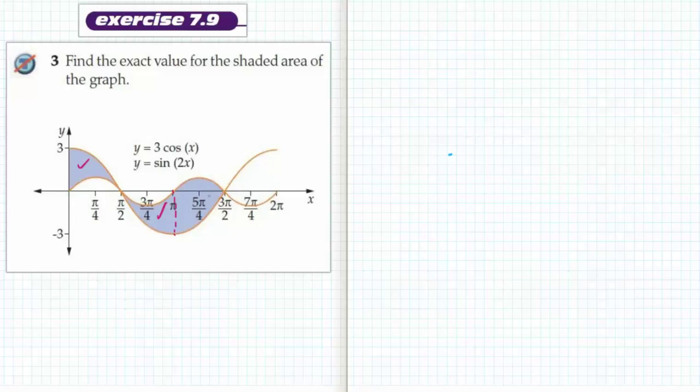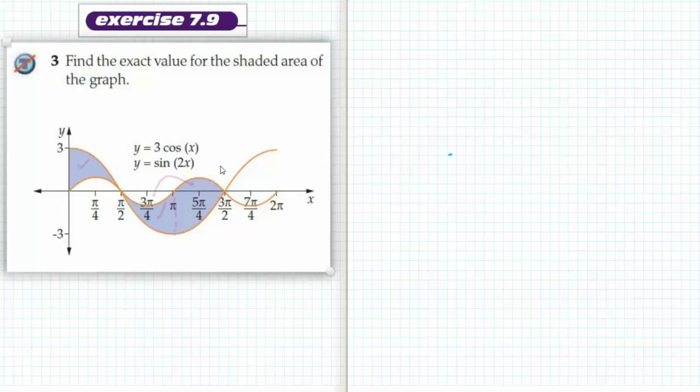However, this region over here isn't the same, so I'd have to do a separate integral. If I took this bit here and placed that bit there, then the whole region here would be if I was just integrating the cosine. However, that doesn't necessarily help me because I don't have that here.